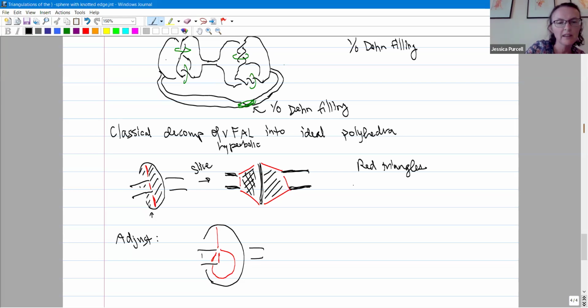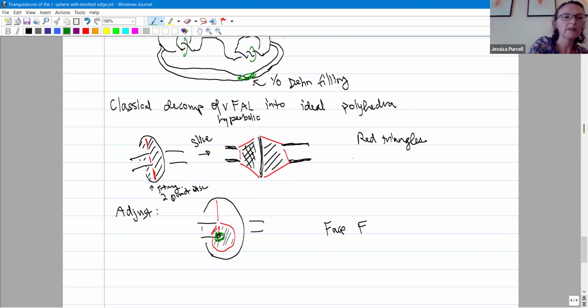Before this was a triangulated two-punctured disc. And this, again, I just did an edge flip, basically. I have a new triangulation of a two-punctured disc, but what else? This triangle that I've just shaded is now my face F. And you can see from this picture that in fact, here's a meridian right there of the knot. And so this is going to span a meridian.